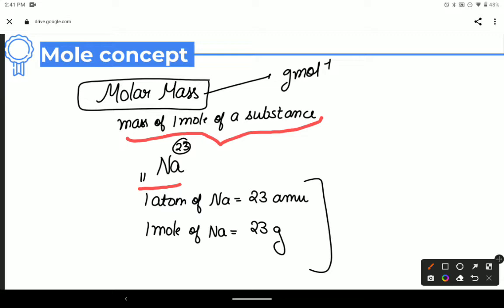See, here one atom of sodium contains 23 atomic mass units. That means 23 AMU, one atom of Na weighs. And 1 mole of Na has 23 grams, right? One atom of Na means 23 atomic mass units.